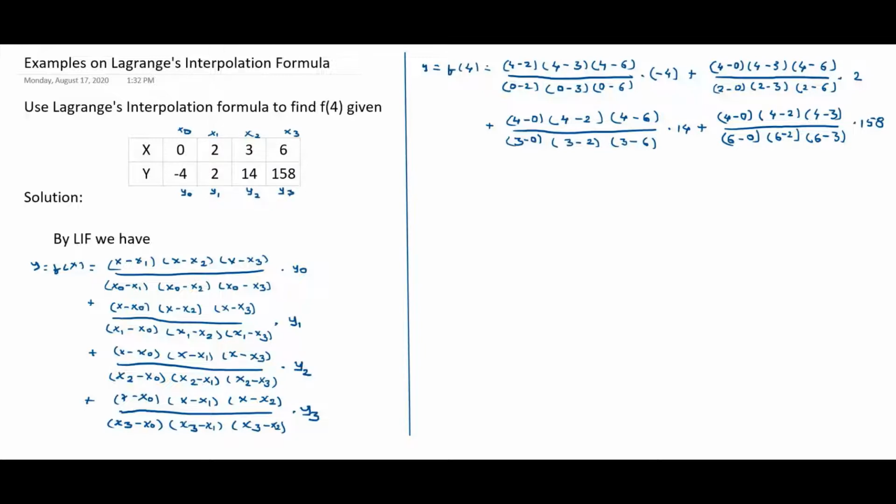Make the correction. Now this is equal to, you have to simplify all these terms. First, 4 minus 2 is equal to 2.